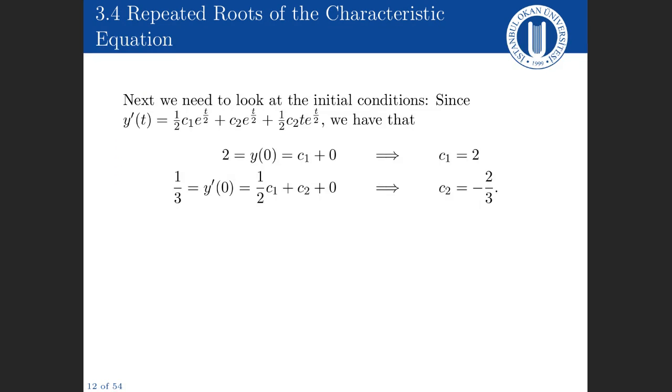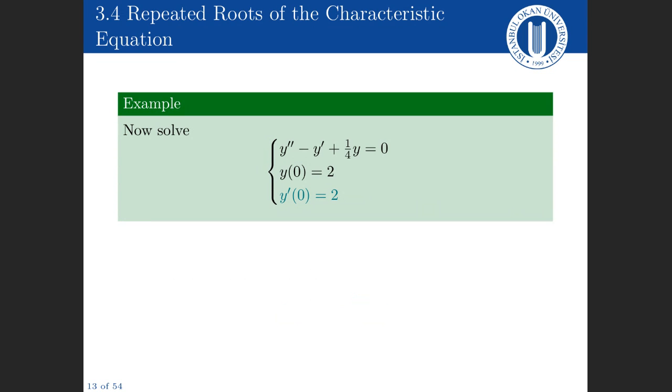And I'll skip through this quickly. I'll leave this for you to check. You can check that to satisfy the initial conditions, we must have that c1 is 2 and c2 is -2/3. And then we can write down the answer. The solution to the initial value problem is 2e^(t/2) - (2/3) t e^(t/2).